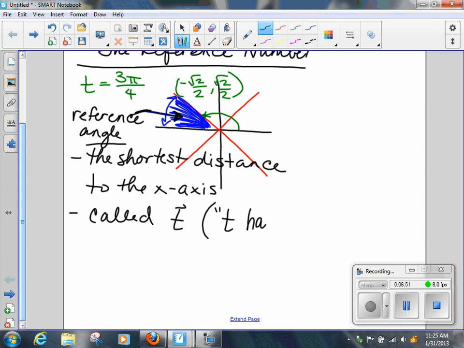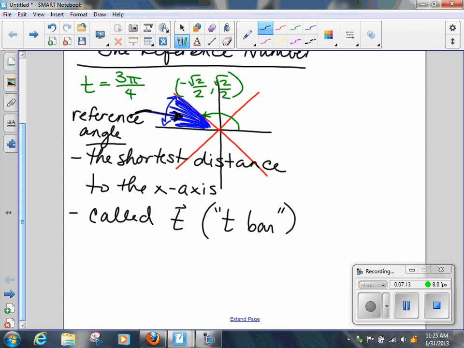Don't, it's not a hat. It's a bar, not a hat. It's a T-bar. It's a crowbar. Okay, good connection. Who cares? There are weird symbols, all these symbols. But it's called T-bar, and that's the way I will refer to it, only because I don't want to write out reference angle every time.